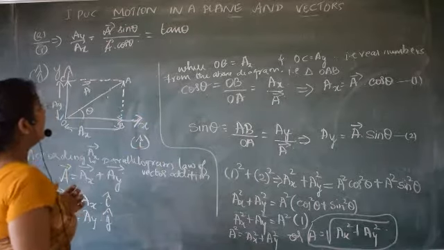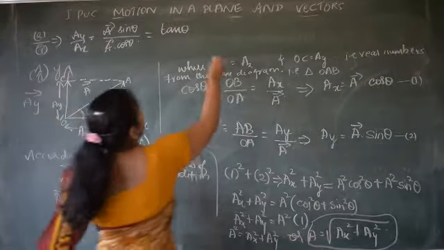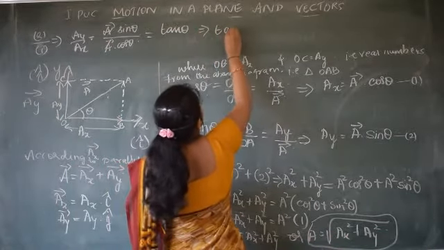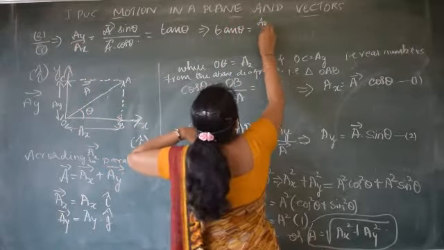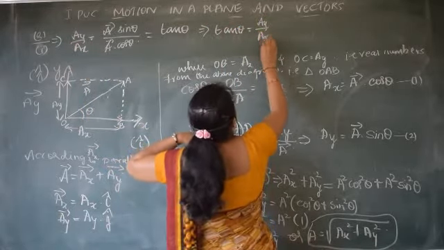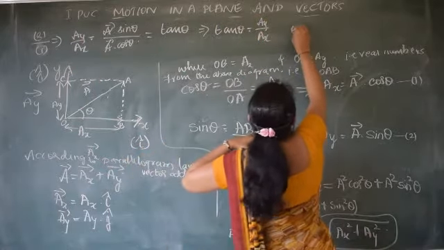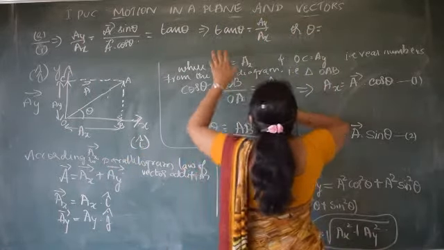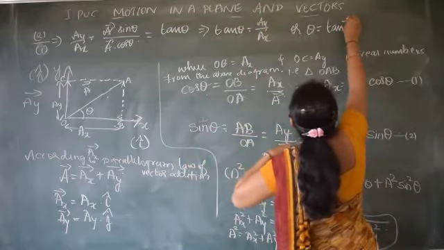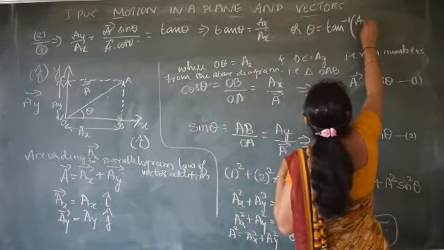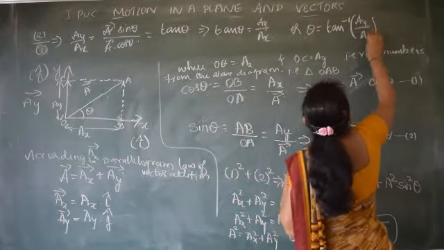Then can I write neatly? This implies tan theta is equal to Ay by Ax, or theta is equal to tan inverse of Ay by Ax, if I take tan to the other side.